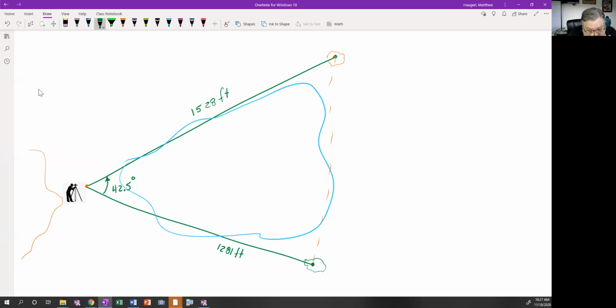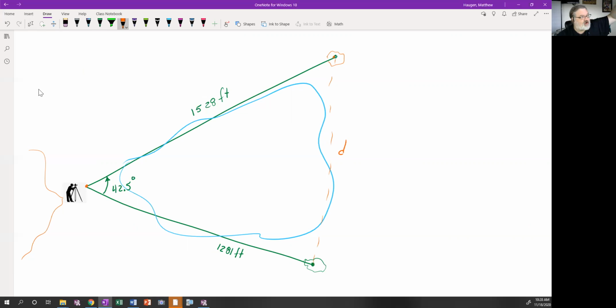Well, this should be enough information for us to figure out not only how far it is between these two observations, distance D, so we can calculate that distance, but any of those other angles if we care. Again, this is a nice way to figure out how far apart stellar objects are.